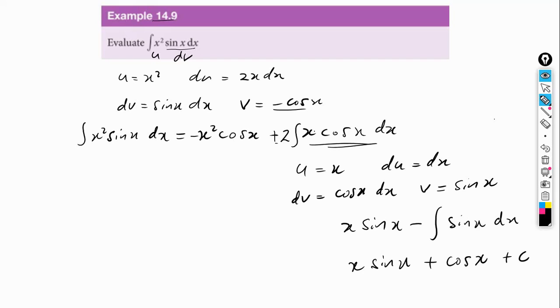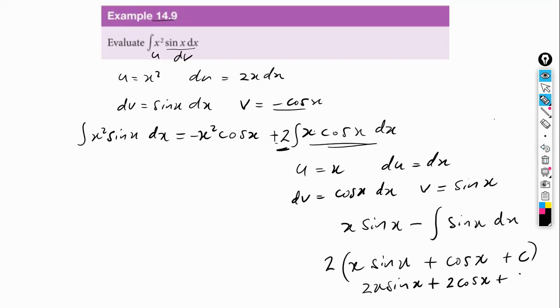One thing we mustn't forget is that we have a 2 in front of the original integral, so we have to multiply everything by 2, and this is going to give us 2x sine of x plus 2 cosine of x plus 2c. But this is unnecessary because 2c is just a constant, so we can just write it as c.